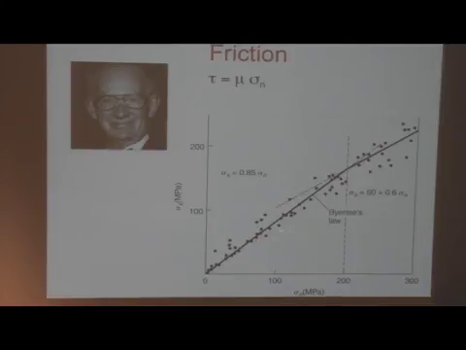Okay, so here's normal stress on the x-axis and shear stress on the y-axis, and what he found, and this is called Byerlee's law, is that there's a linear relationship, and that the slope tends to change.